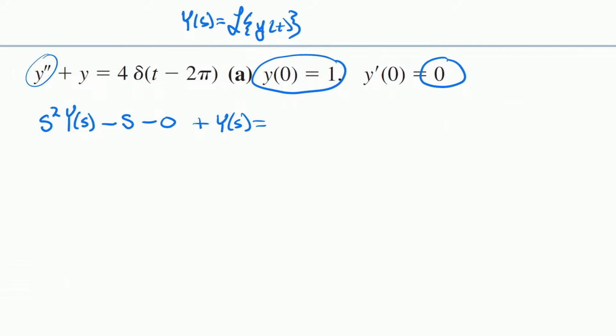And then we have to deal with this Dirac delta function. The 4 is just going to go along for the ride. Since this is a unit impulse, we're just going to do e to the negative and then wherever it is. So it happens to be 2 pi units after we start this thing going. This thing starts off with its position initially 1 unit away from equilibrium, and then we wait 1 cycle.